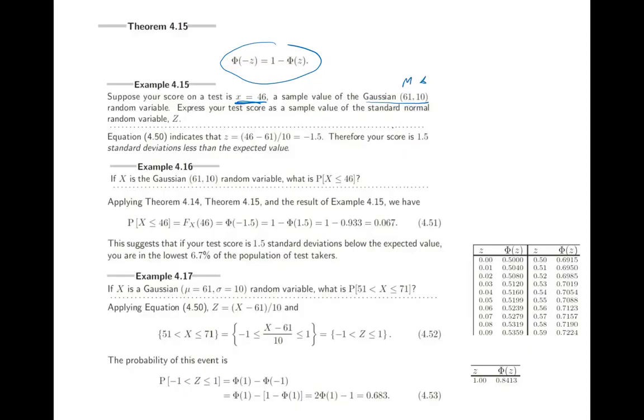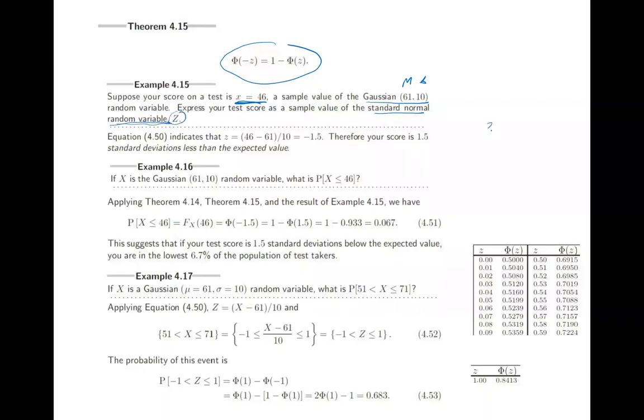So imagine that in your class the average test score is 61, and you got 46. So it's not good, right? The standard deviation is 10, and it's a random variable. Express your test score as a sample value of the standard normal random variable z.